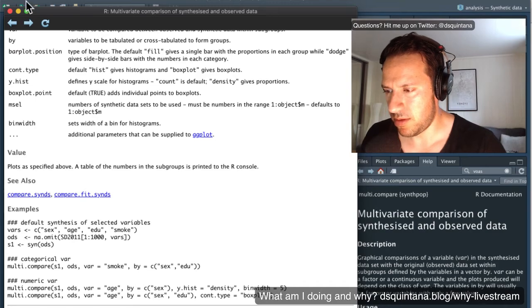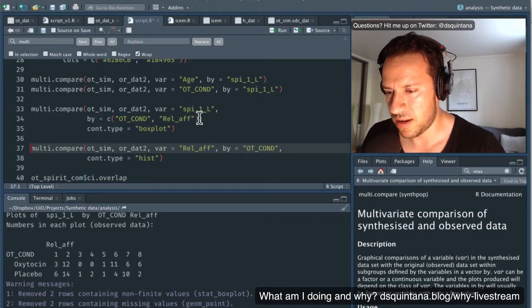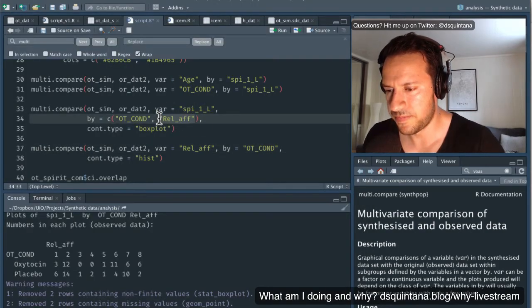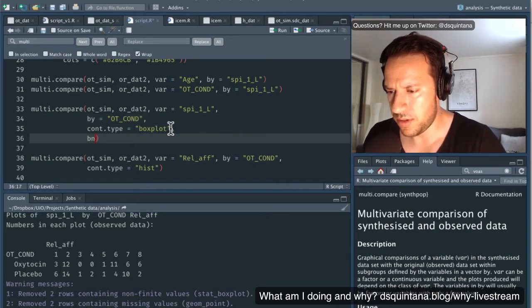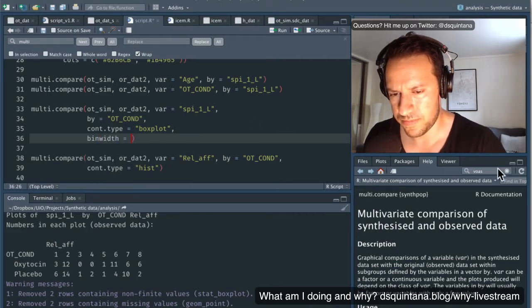Let's adjust bin width. Let's remove that because that hasn't been very helpful for us. Double check that still. Bin width. What do they use? 5.